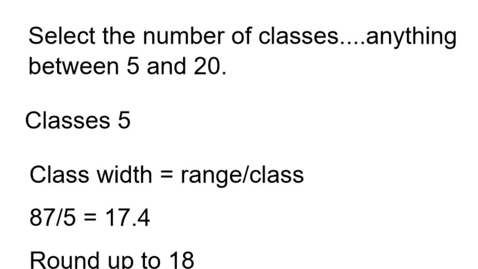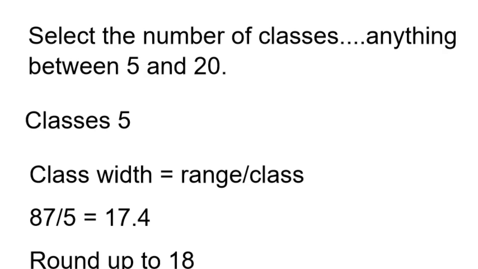So then the next step is you select the number of classes, anything between 5 and 20. Since we have so few values here, it wouldn't make sense to have 20 classes.